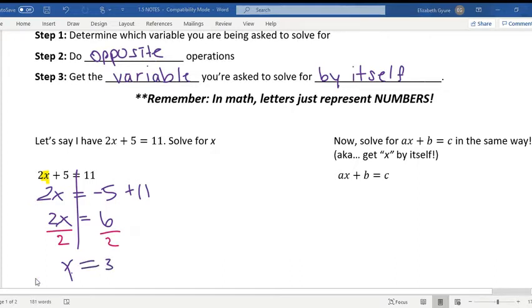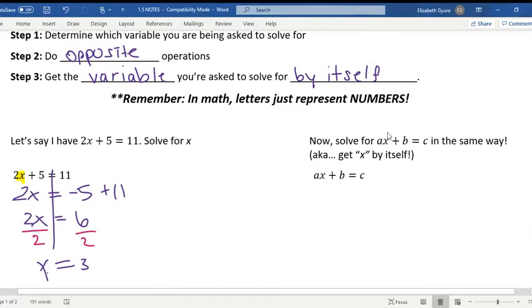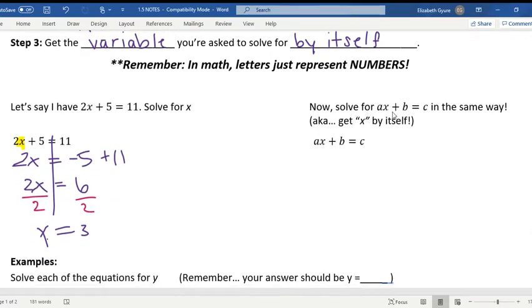All right. So now, what if you had something structured very similarly, except instead of 2, 5, and 11, there were letters? We could still actually do the exact same thing. So if you look at this problem here, it says now solve for ax plus b equals c in the same way.